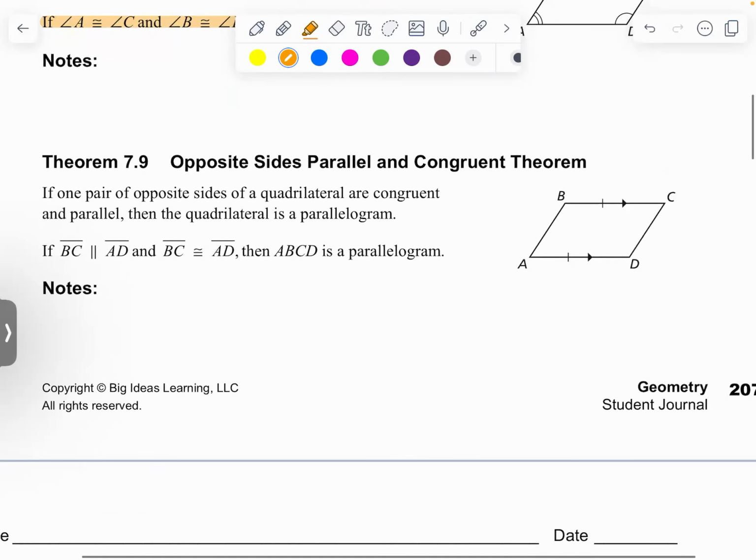If we take one set of opposite sides in a quadrilateral, and they are both parallel and congruent, then we know it's a parallelogram. So I don't have to know anything about the other pair of opposite sides. If I take just one pair and they're both congruent and parallel, then everything else will fall into place with the properties of a parallelogram.